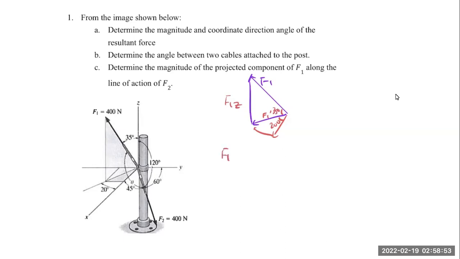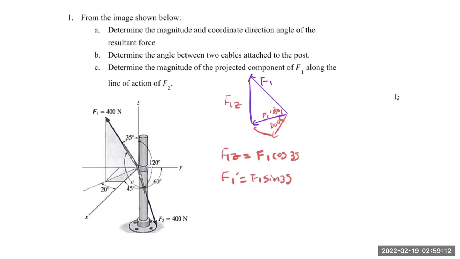We know that F1Z is equal to F1 cosine of 35, and F1 prime is equal to F1 sine of 35.